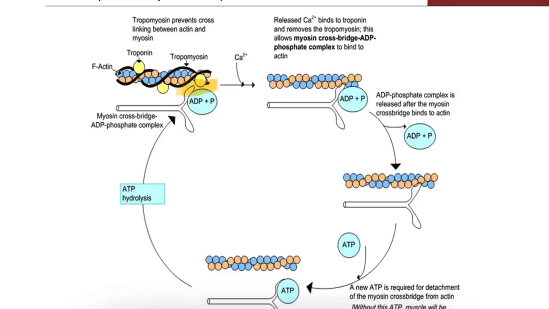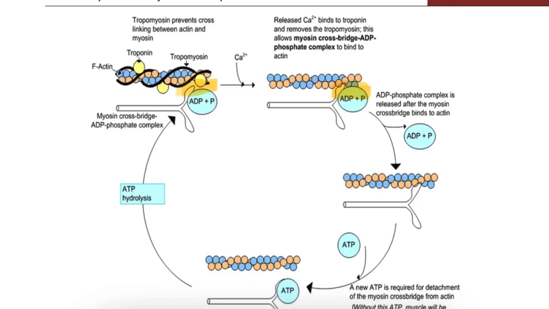Then step 2 is the power stroke: the release of ADP plus phosphate, the myosin head pivots, and the actin filament is pulled.